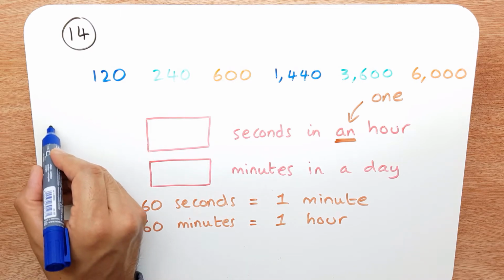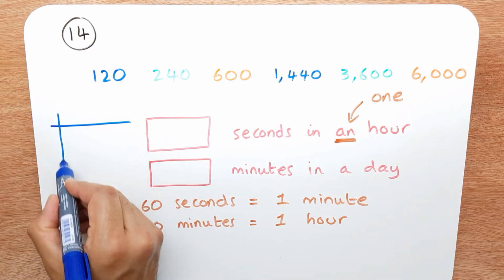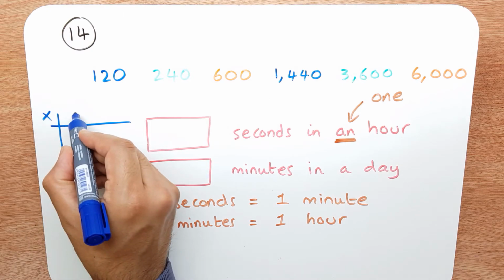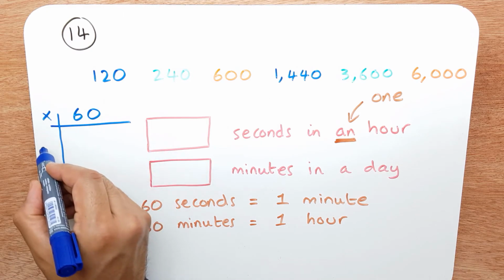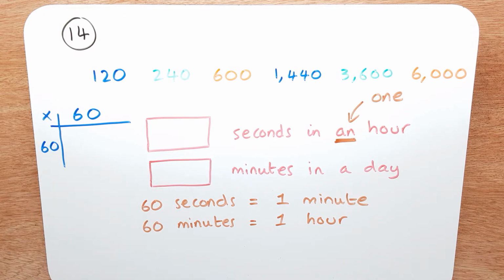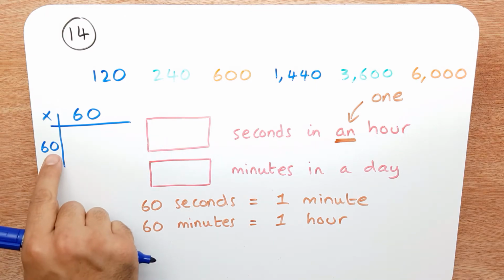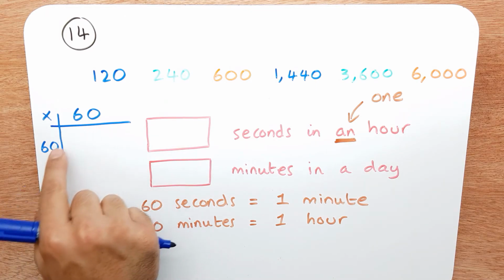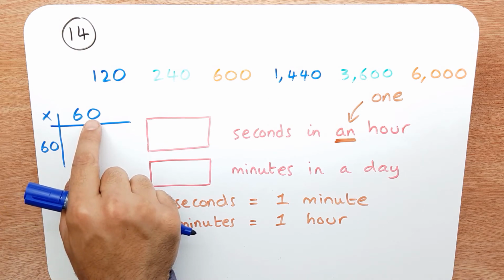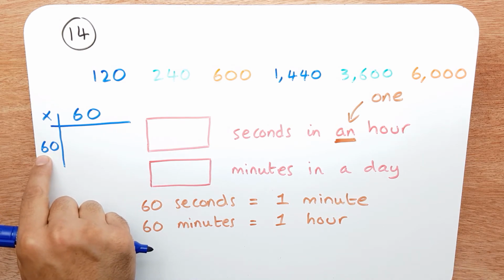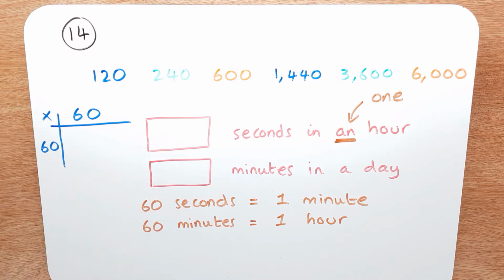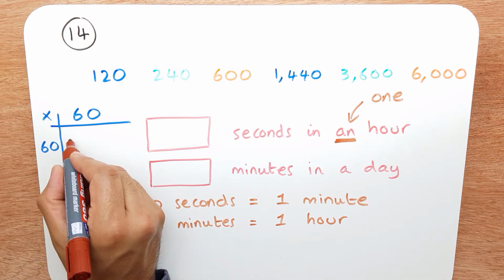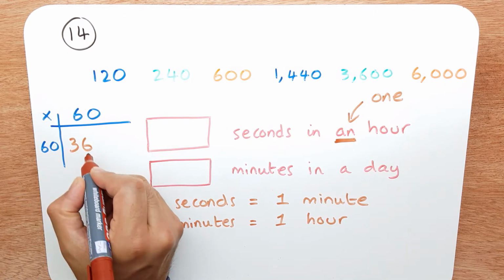So let's use that grid method here. 60 times 60. Now these zeros I can ignore. I can hide them for now. I can do 6 times 6. And that is 36.